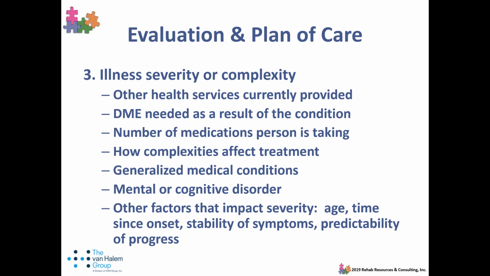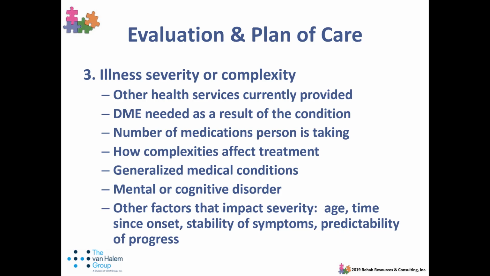Perhaps the patient has, in addition to what you're treating, another disease or condition being treated, or generalized musculoskeletal conditions, or conditions affecting multiple sites, and so these are going to affect the rate of recovery. If the patient has a mental or cognitive disorder, that might also be being treated in addition to what you are treating.